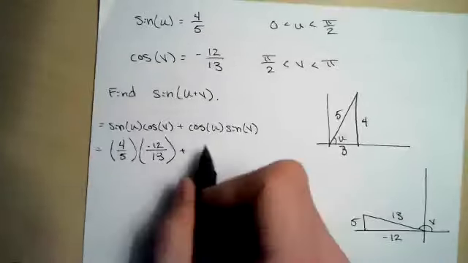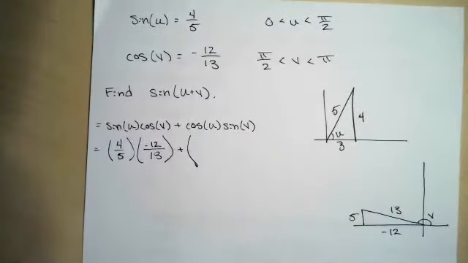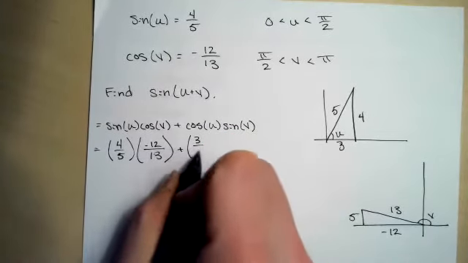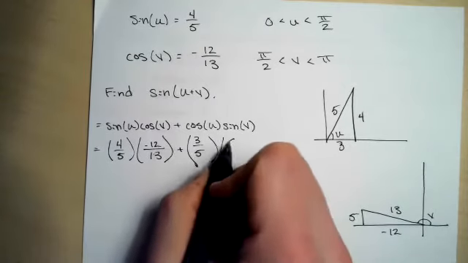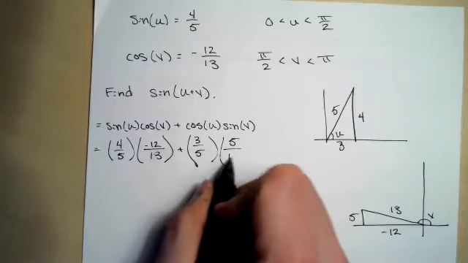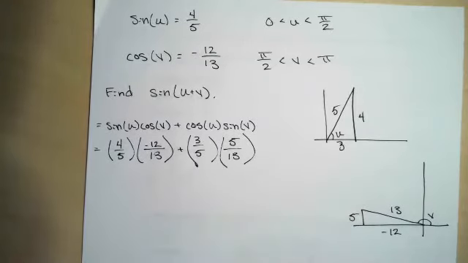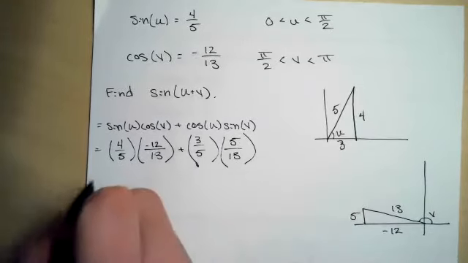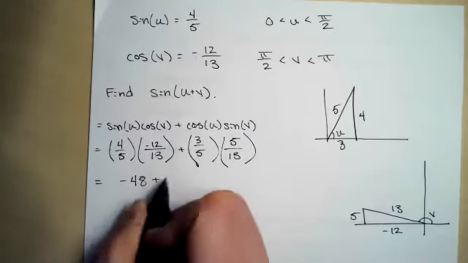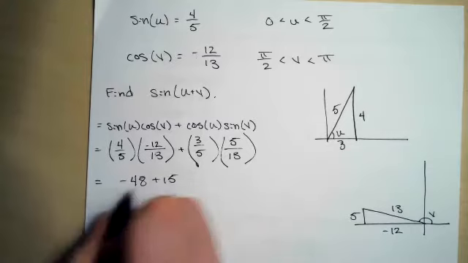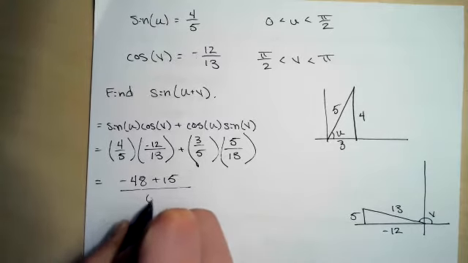But then cosine of u, we've got to look over on our diagram. 3/5. Sine of v then gives us 5 over 13. And then the rest, just the arithmetic. So we'll have minus 48 plus 15 over 65.